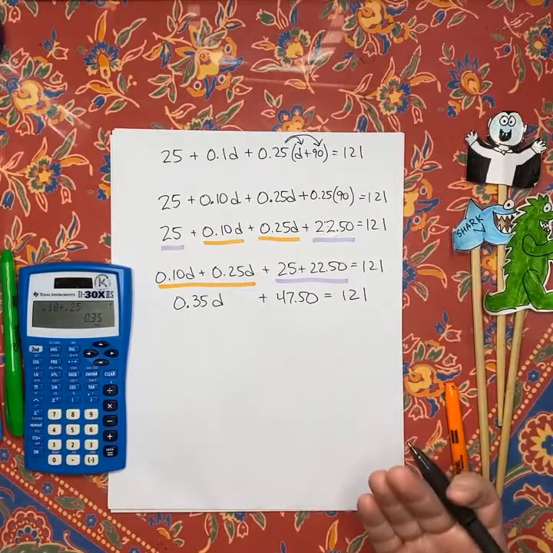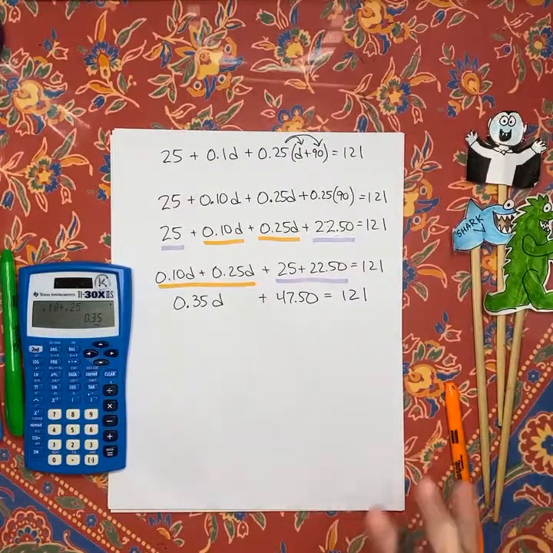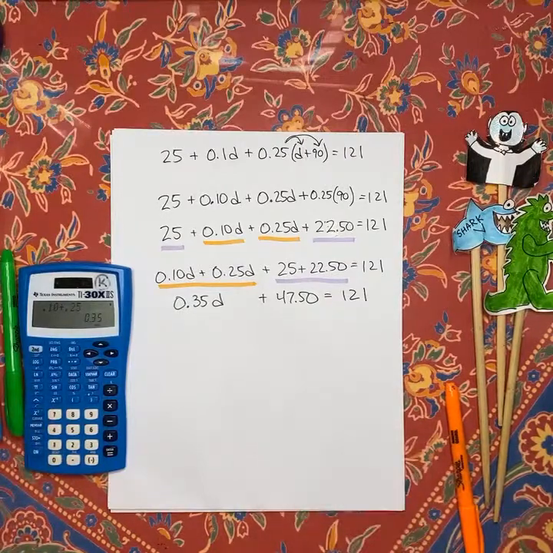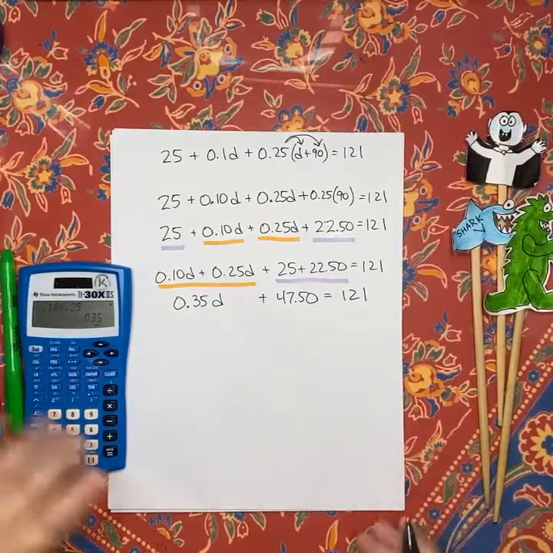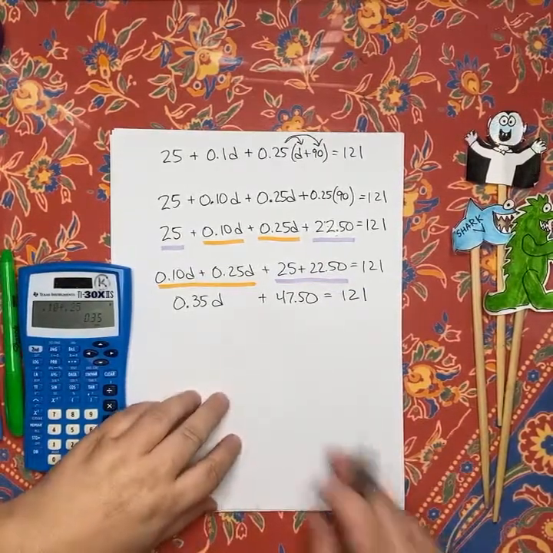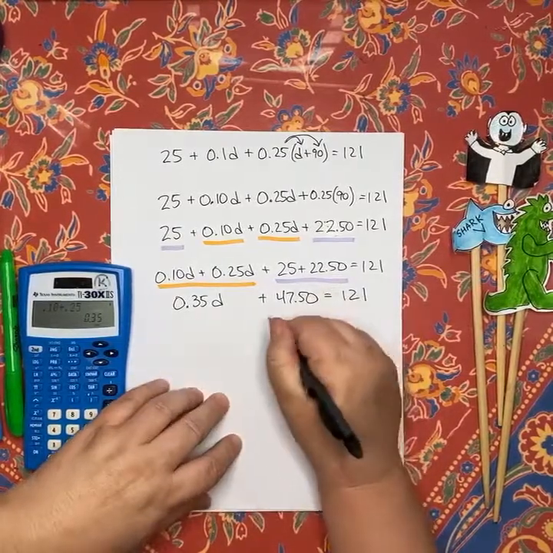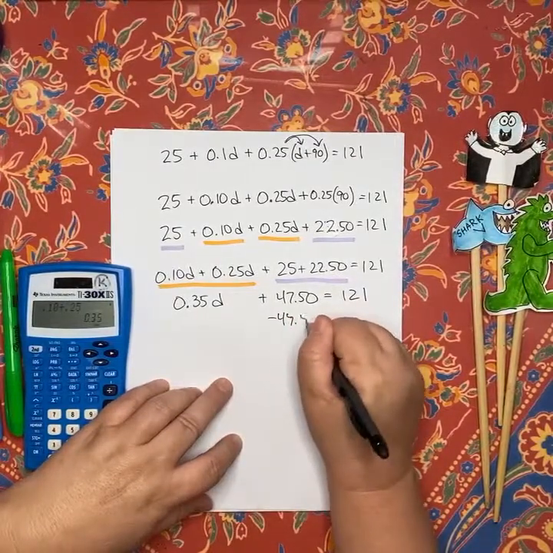Working with the decimals hopefully is not feeling too bad, because you know it's money. A lot of people work with money on a daily basis, so it perhaps feels a little easier than fractions. I'm going to go ahead and leave the D here, so I've got to move the 47.50 to the other side.